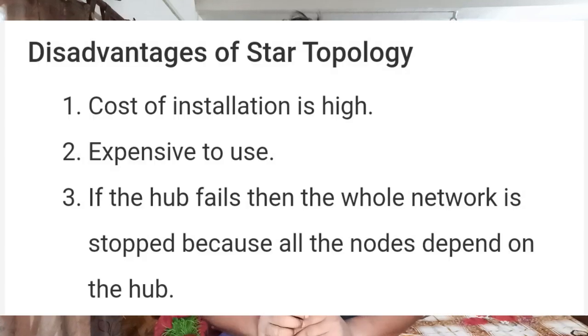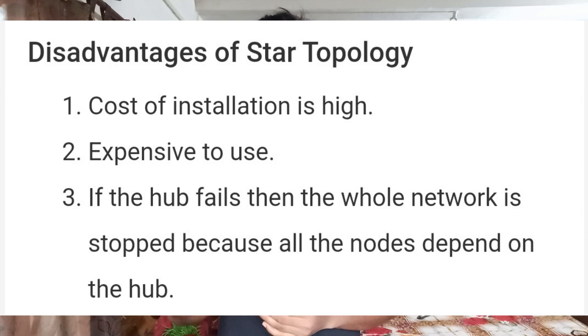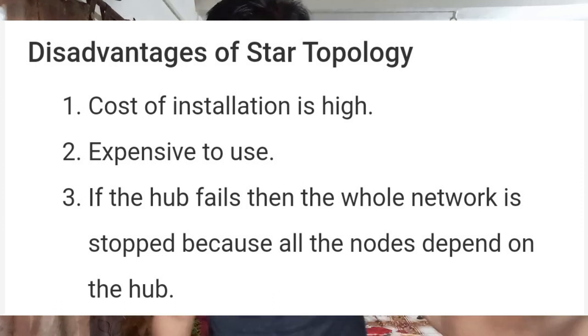All the nodes depend on the central node, and if the central node fails, the whole network stops working. This is a very important point in star topology. If the central node gets disturbed or fails, then all the nodes connected to it will stop and their work will come to a halt.